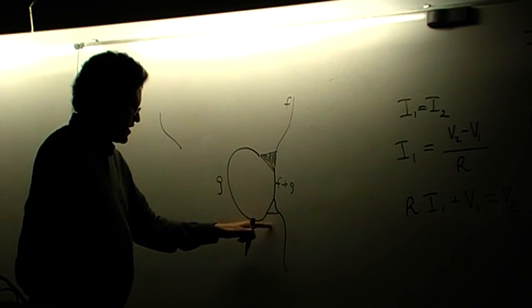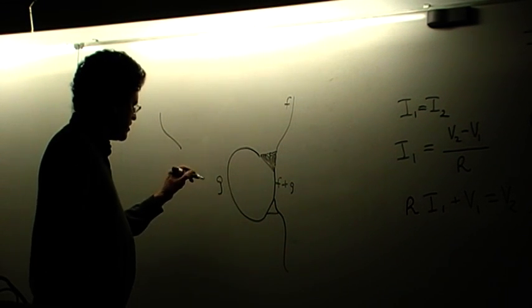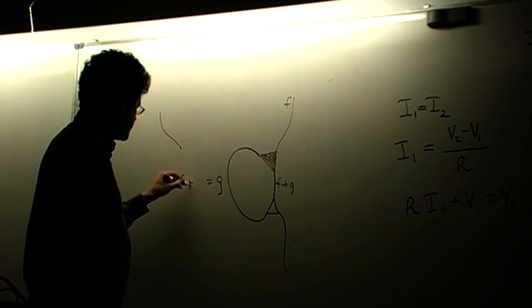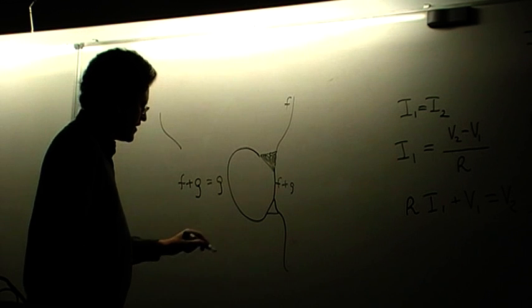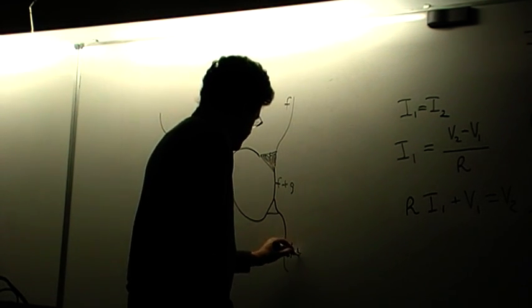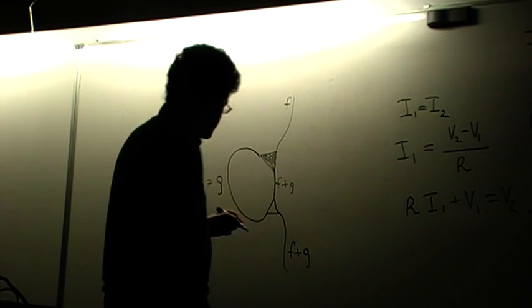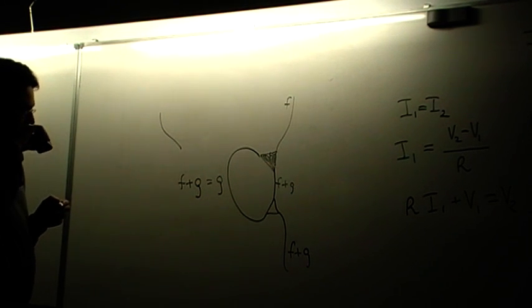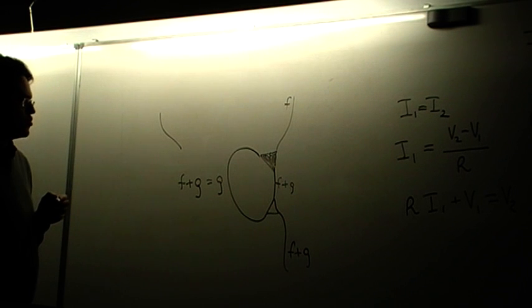Then here I'm duplicating F plus G. So now I know what G is. It was F plus G. And then F plus G is coming out. So you could try to build this machine, but you'd see that something rather funny was going on.